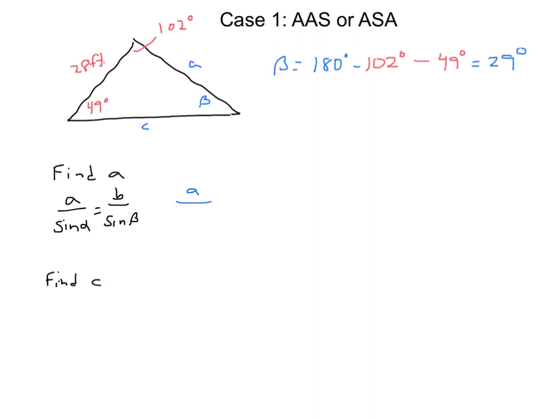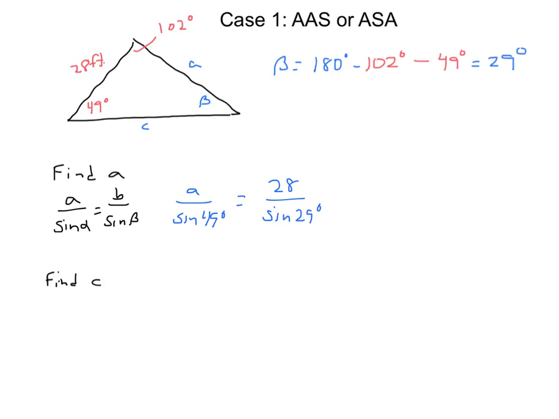That's the angle across from there. So that's going to be the sine of 49 degrees equals B, which is the 28, over the sine of 29 degrees, that piece of information that we found earlier.